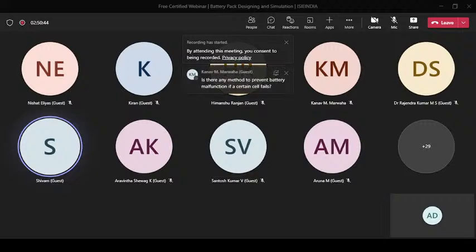Both the lithium-ion cells are similar. The only difference is the capacity, and the shape of the cells used in mobile packs. If you see the voltage, the cell voltage is also around 3.4, 3.6, or 3.8 volts, and the capacity may vary.